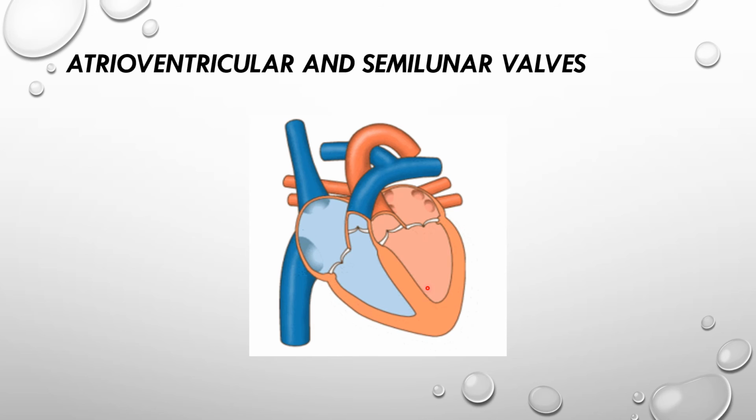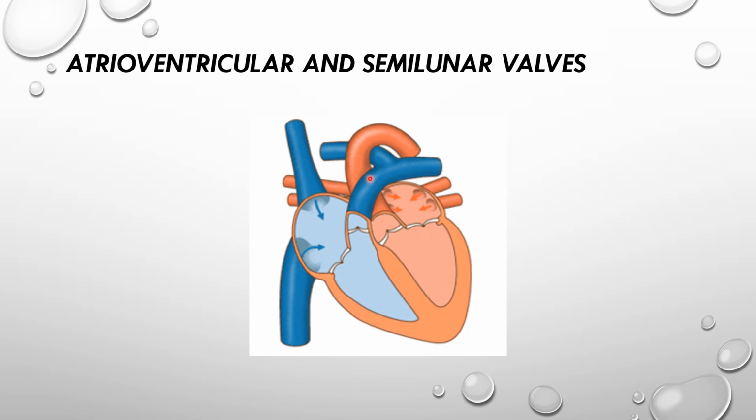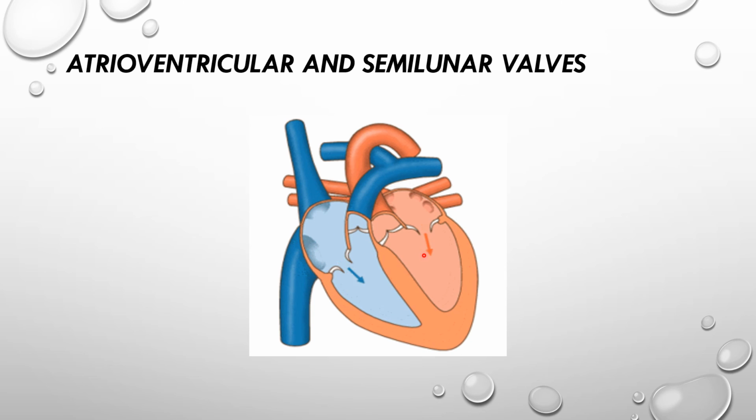As it drops below the pressure in the major arteries, the semilunar valves are pushed closed by blood starting to flow back toward the arteries. Now, when the pressure is low here, the blood that was going upward into the arteries starts to come back. And when it is coming back, it fills the pockets and causes these valves to close. Because of this, blood cannot come back into the ventricles.